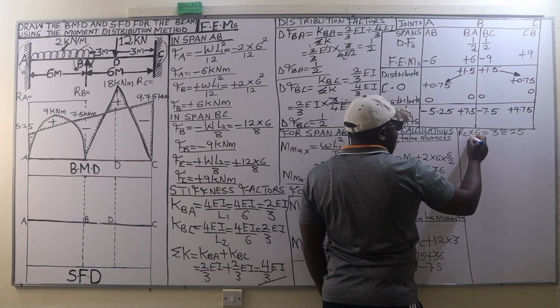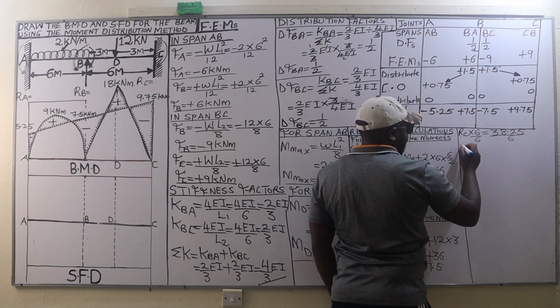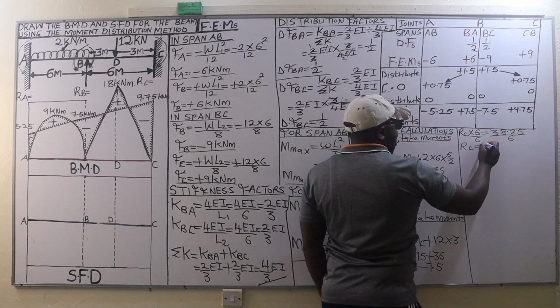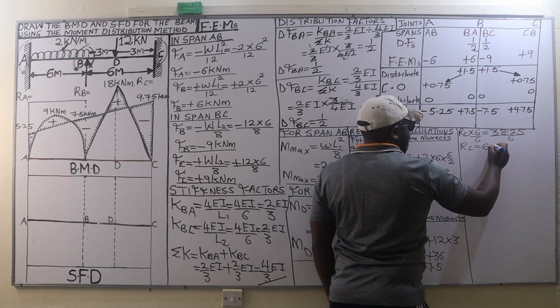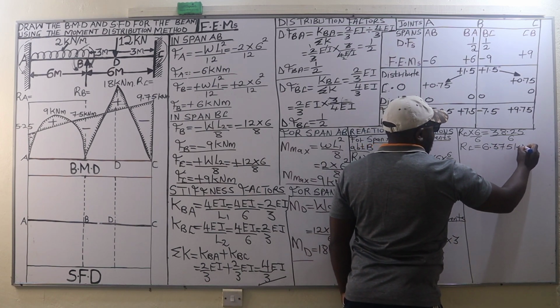To get the value of RC, we are going to divide both sides by 6, and that is going to give us a reaction at C of 6.375 kilonewtons.